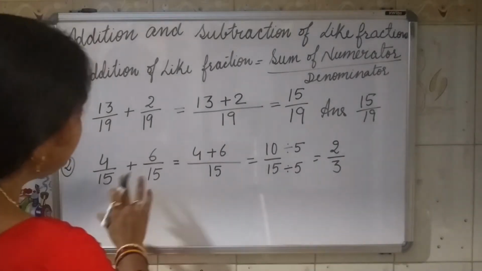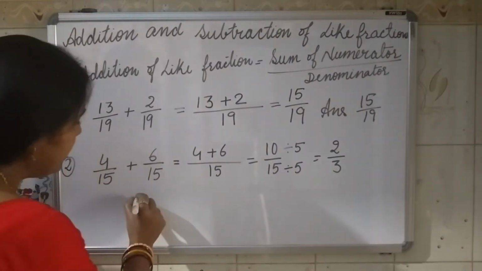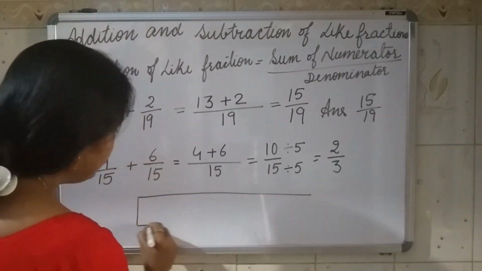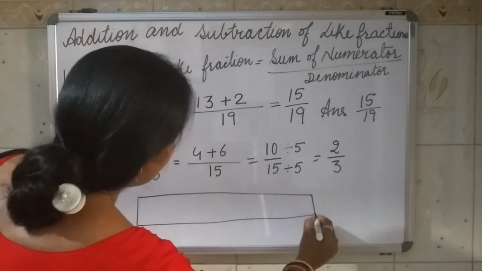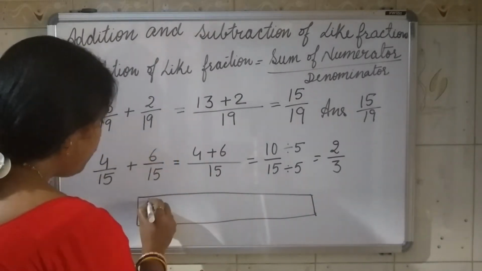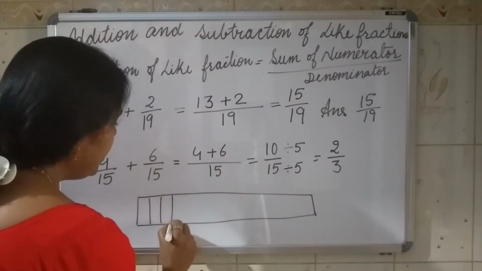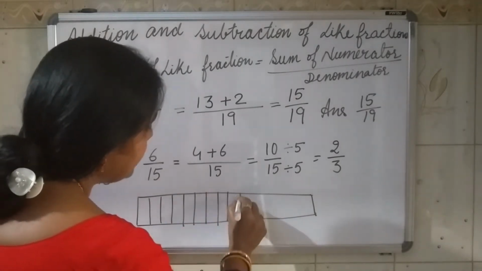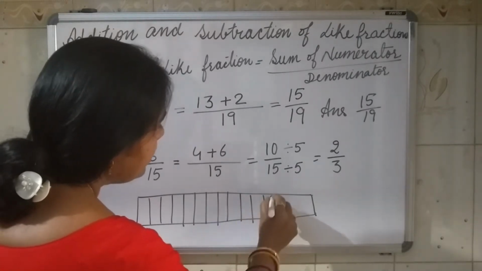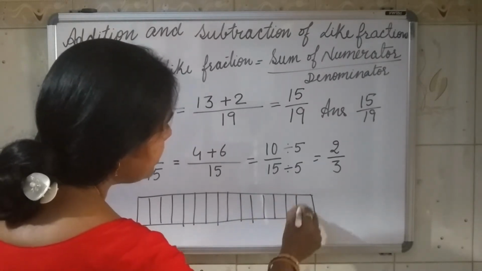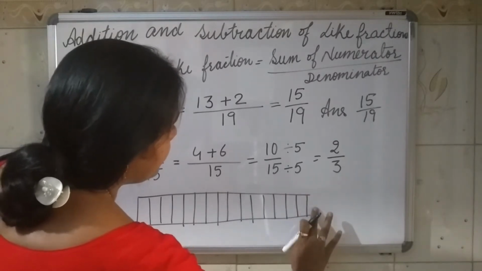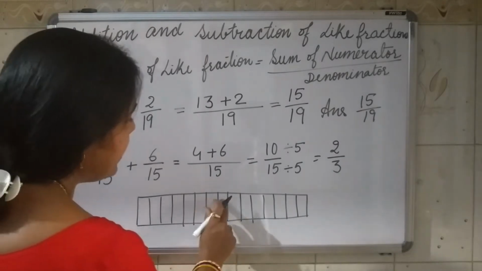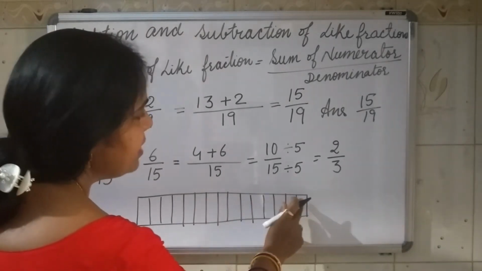I am going to explain this one with the help of a picture. I am taking one picture and I am going to divide it into 15 parts, because the denominator is 15. So 1, 2, 3, 4, 5, 6, 7, 8, 9, 10, 11, 12, 13, 14 and 15 parts.